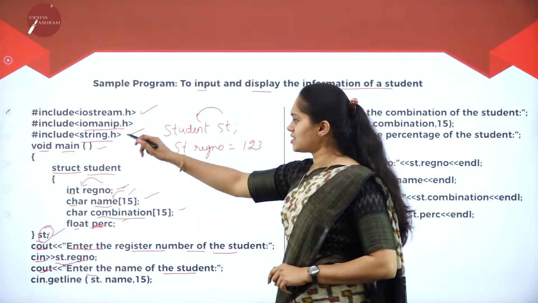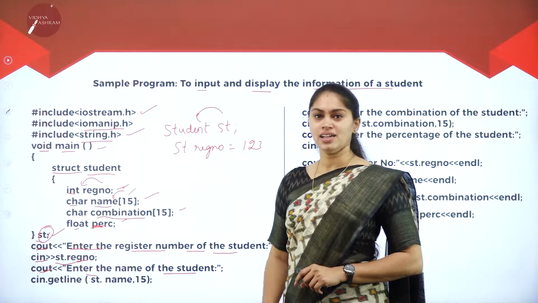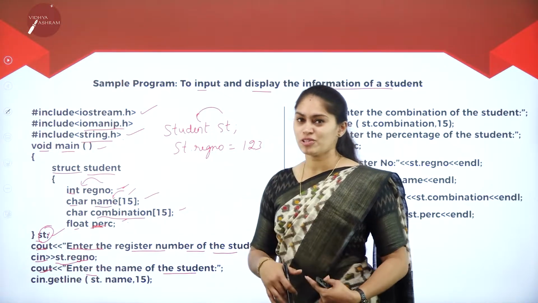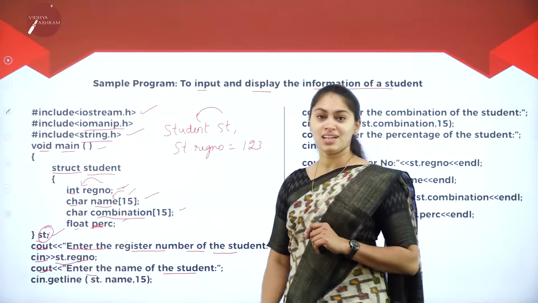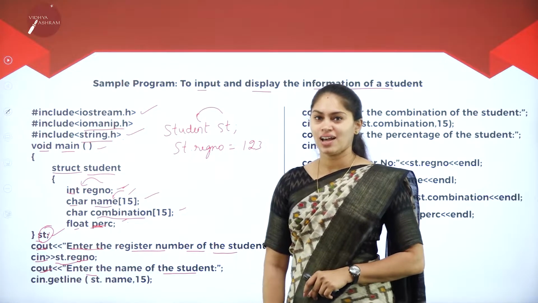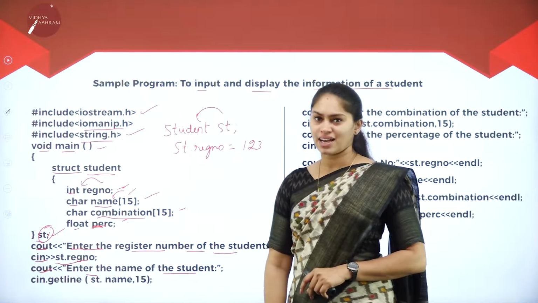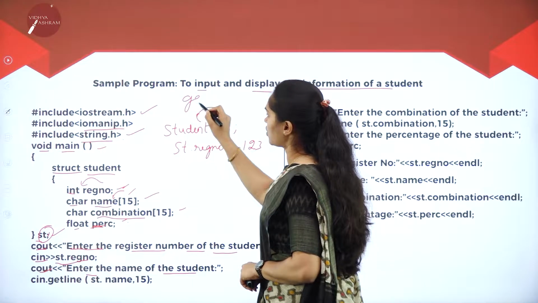I'm using the string.h header file. Would it look nice if I'm not using a function which belongs to the string.h header file? No, that is the reason we have getline here. If I want to take a single character, then I have to use a function called get.